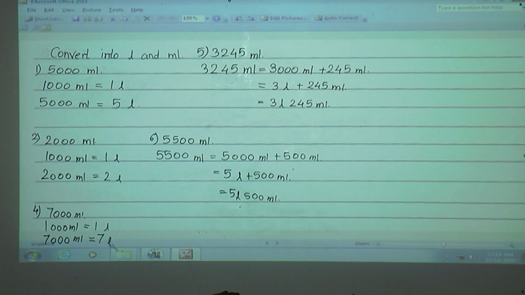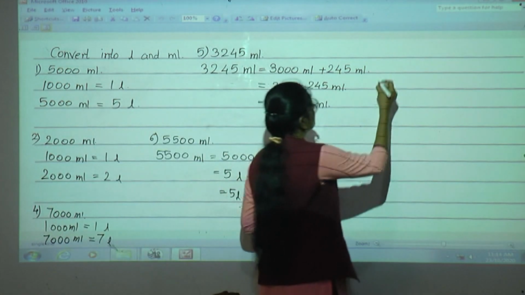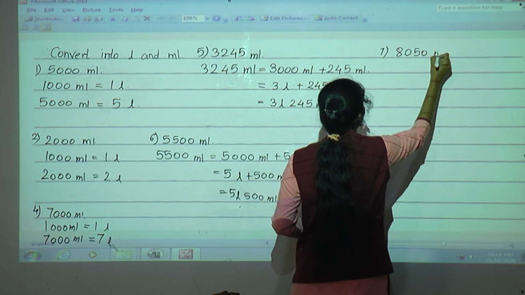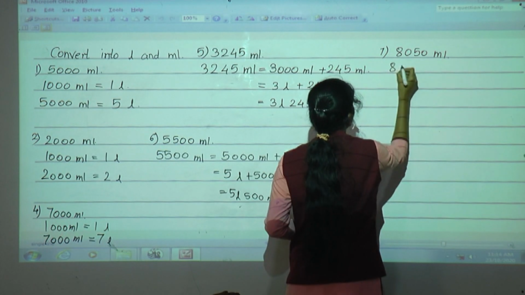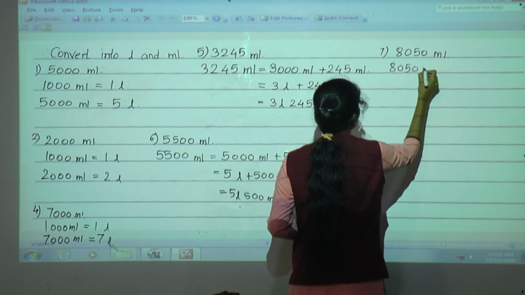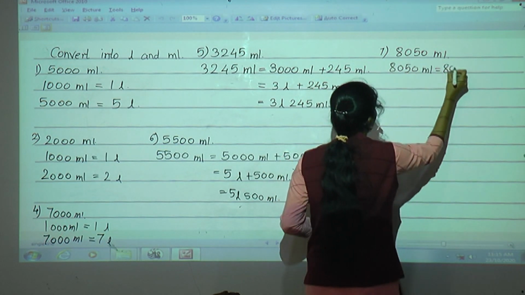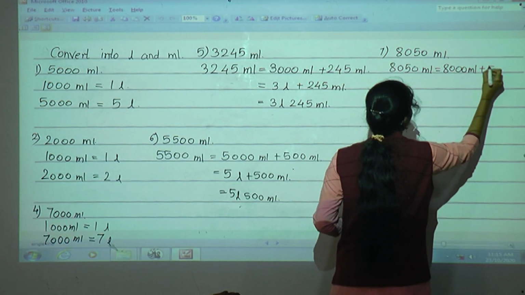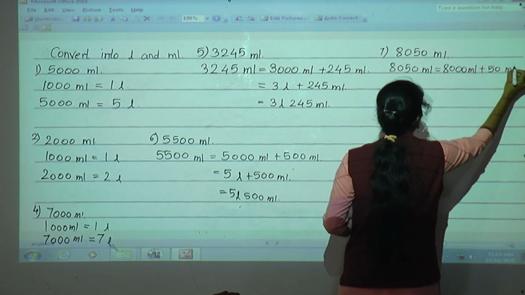Next, seventh one, 8050 ml. First we will split up this number. 8050 ml is equal to 8000 ml plus 50 ml. Okay.